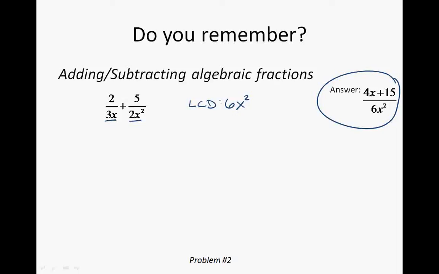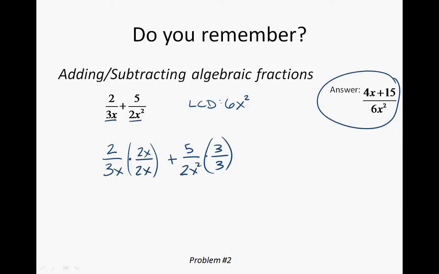So we're going to have to change both of these add-ins. I'm going to take 2 over 3x, and I'm going to multiply it by 2x, because that's what's going to give me 3x squared. I'm also going to take 5 over 2x squared and multiply it by 3 over 3. And that will give me the 6x squared.